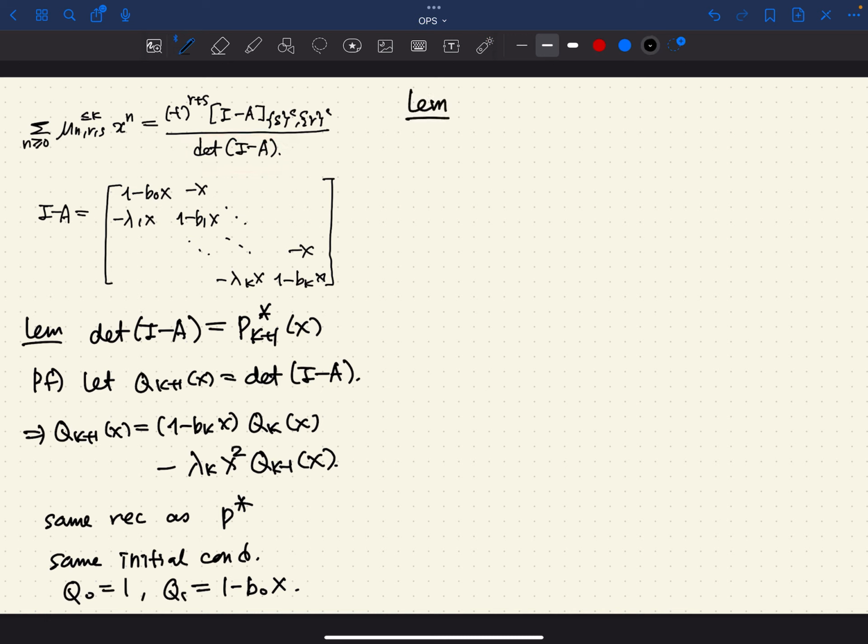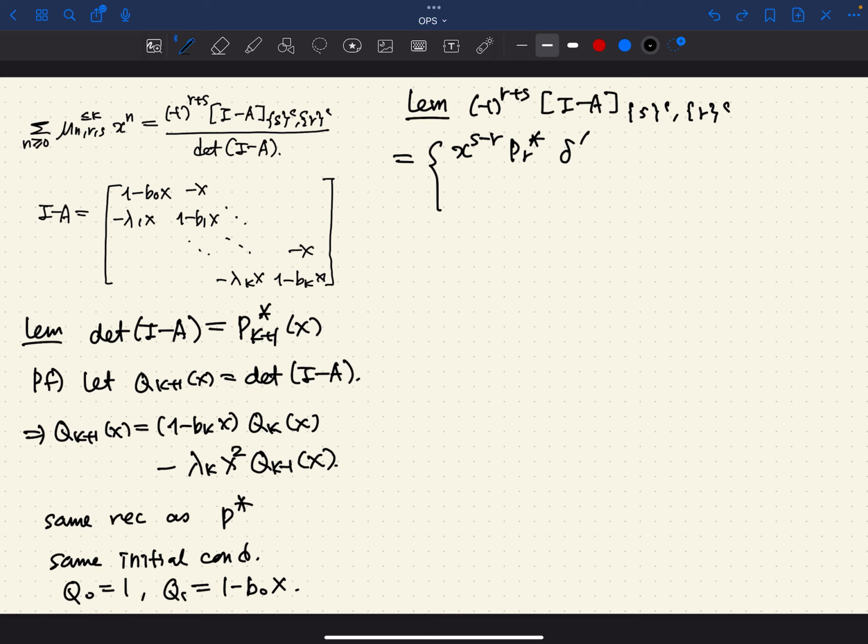The next lemma says that the numerator can also be computed. It equals, there are two cases, exactly the cases that we had in our theorem. I'm going to omit x.